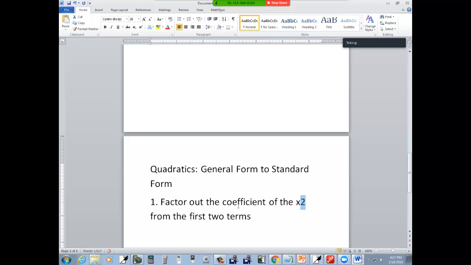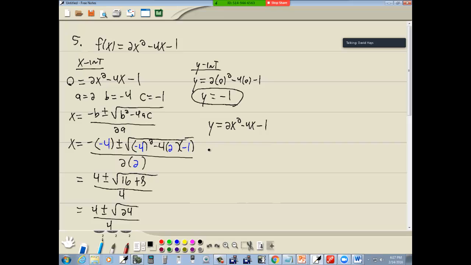Now most of the time that's going to be a GCF, but I can see a problem where it might not work that way. So the coefficient on the x squared is a 2, so I'll factor out a 2. Now notice I do not touch the last term at all, the constant term. I only did it from the first two terms.